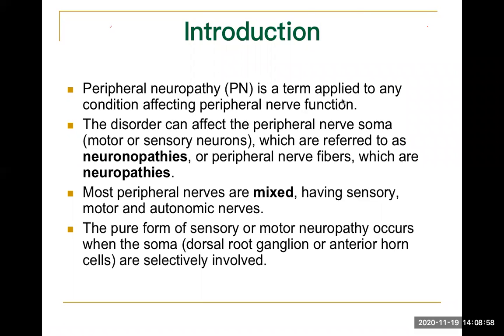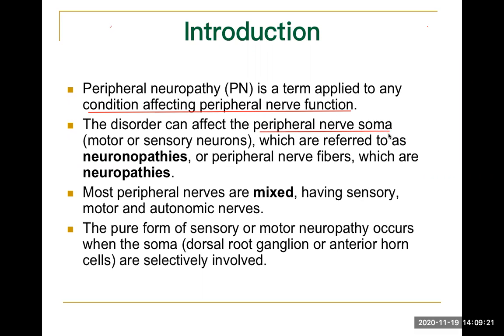Peripheral neuropathy is a term applied to any condition affecting the peripheral nerve function. There are so many causes, so many. So any of those diseases or causes which leads to peripheral nerve dysfunction is known as peripheral neuropathy. The disorder can affect the peripheral nerve soma.